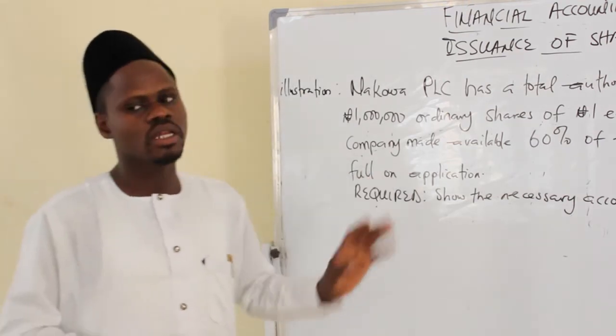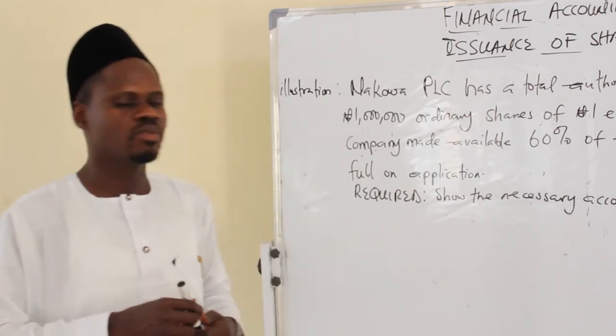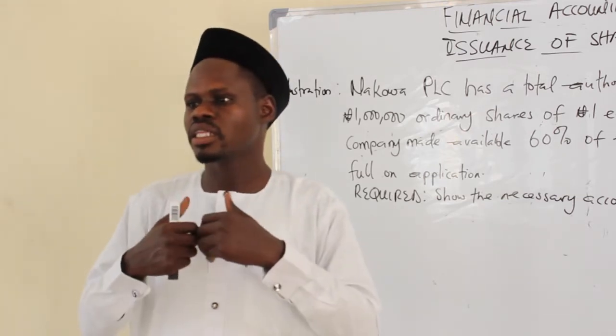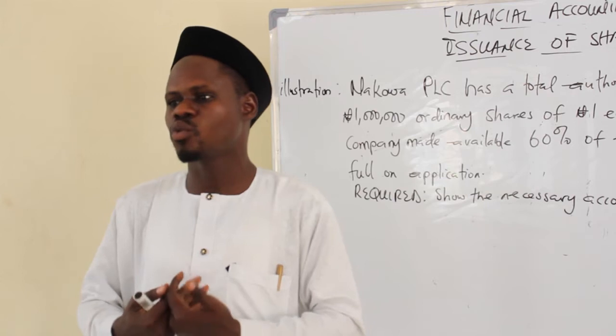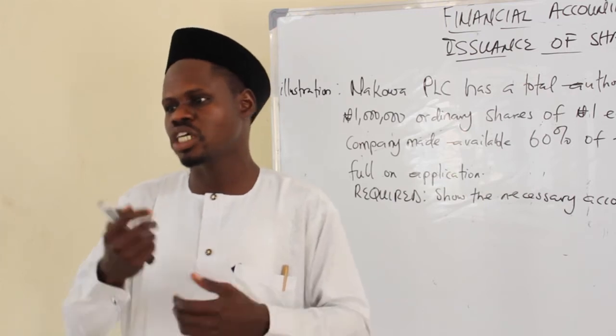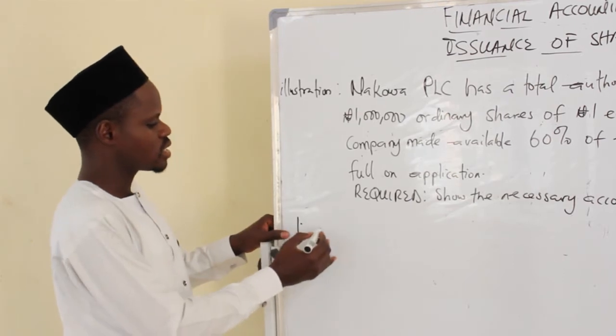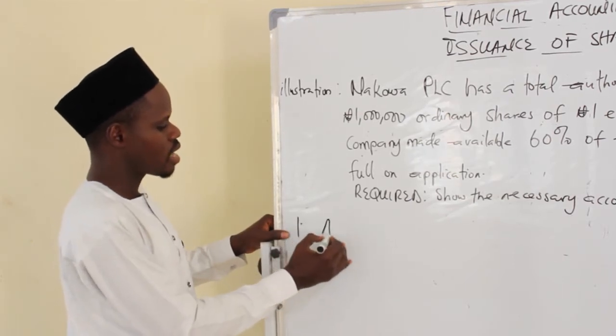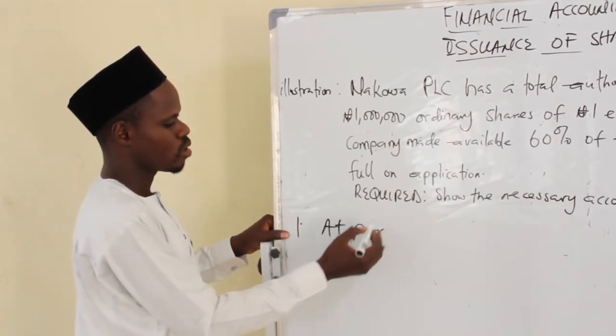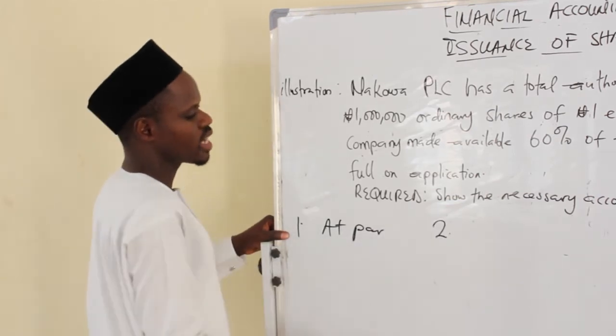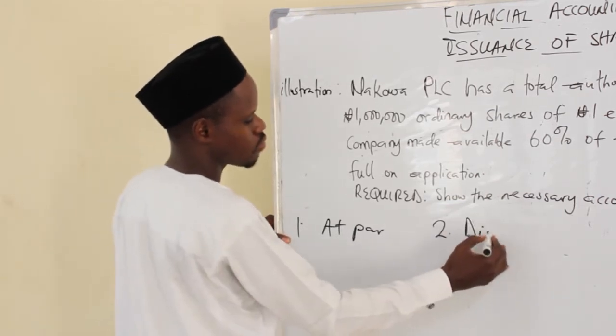Before we look at the first illustration, we quickly explain the three methods in which companies issue their shares to the public. First, they can issue their shares at what we call at par. Two, they can issue it at discount.